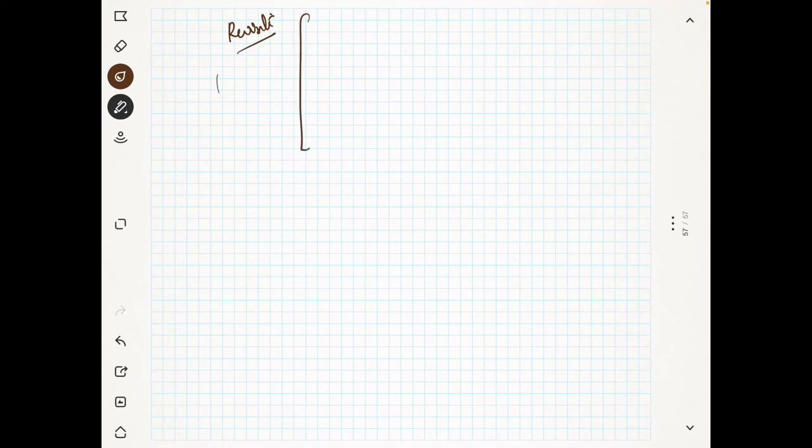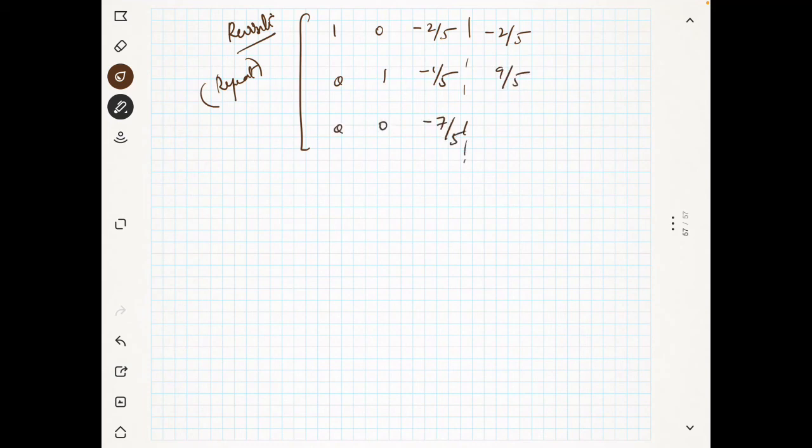I will repeat here. So this becomes 1, 0, minus 2 by 5 and minus 2 by 5. 0, 1, minus 1 by 5 and 9 by 5. 0, 0, minus 7 by 5 and minus 42 by 5. Now, that's it.